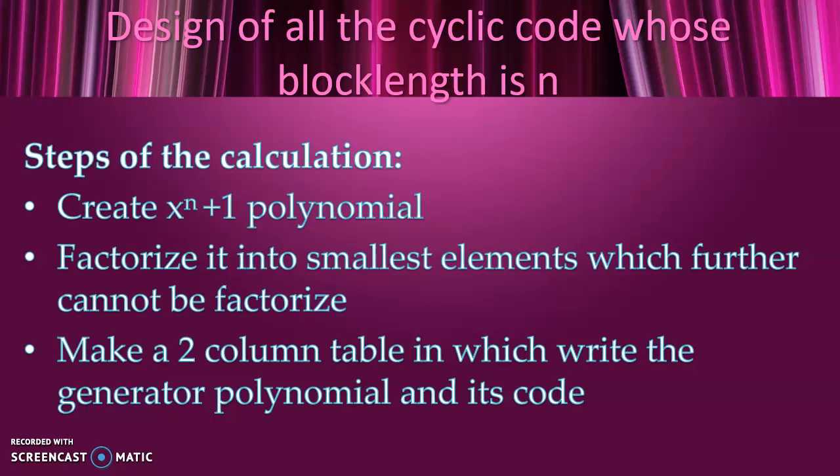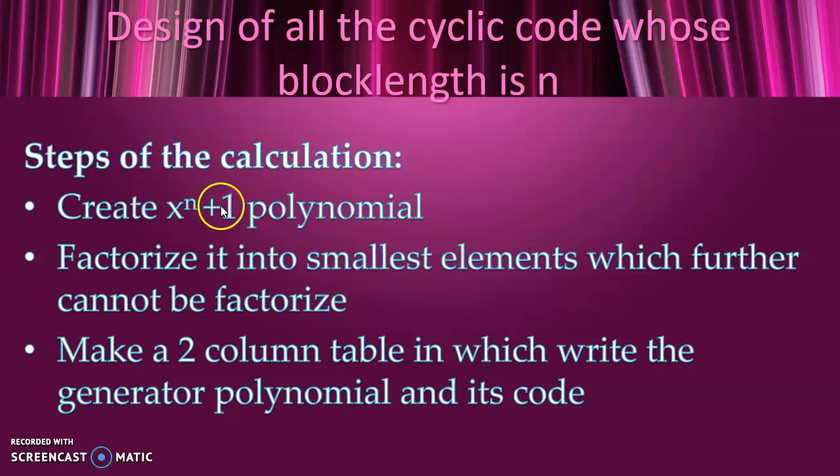So now we move on to another topic, that is design of a cyclic code whose block length is n. There are certain steps for calculation. First, we have to create a polynomial of x to the power n plus 1. That means the block length is given as the highest power of x, and then it is added with 1. So it will create an x to the power n plus 1 polynomial.